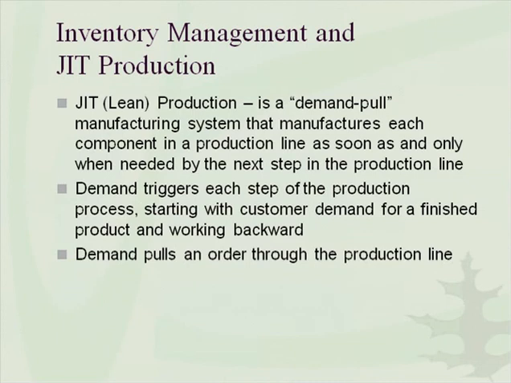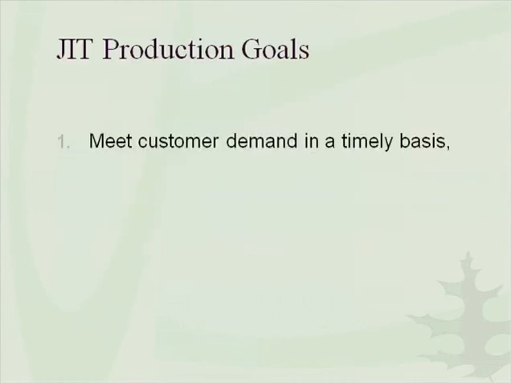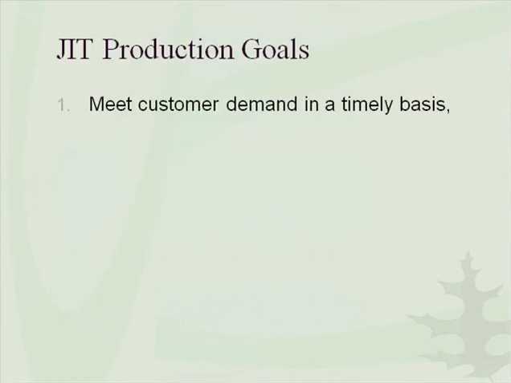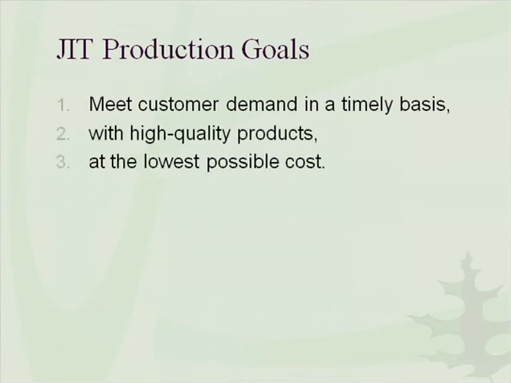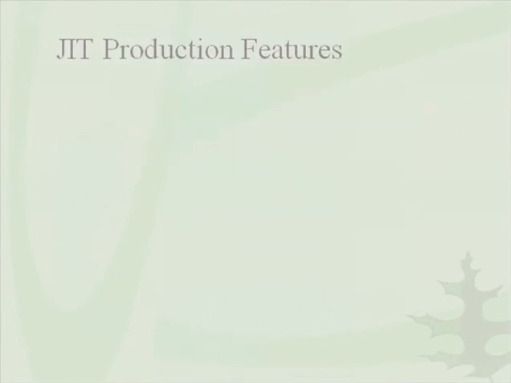So demand pulls an order through the production line rather than MRP, which tends to push an order through the production line. Some of the production goals of JIT is to meet the customer demand on a timely basis with high quality products at the lowest possible cost.